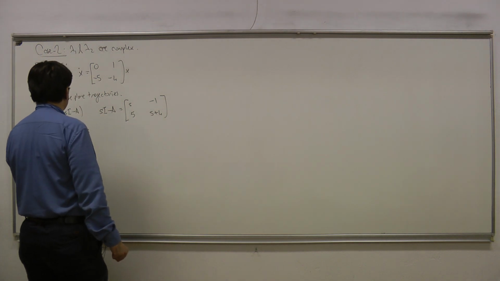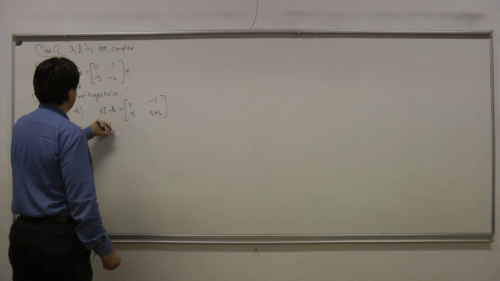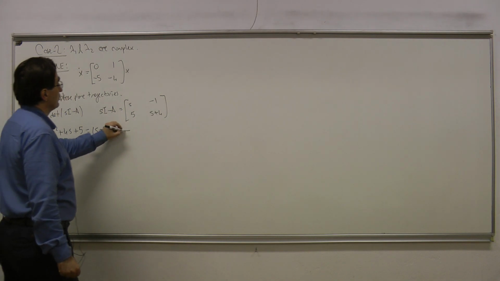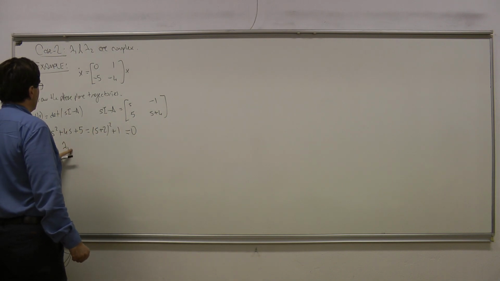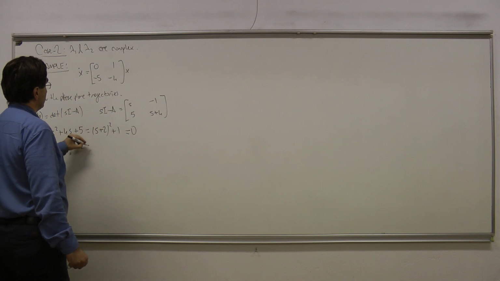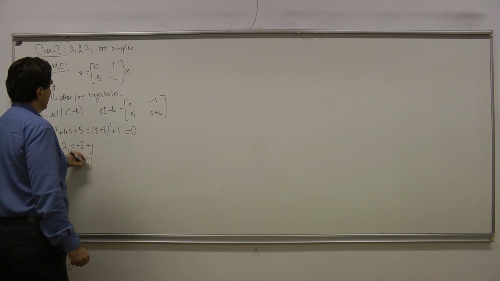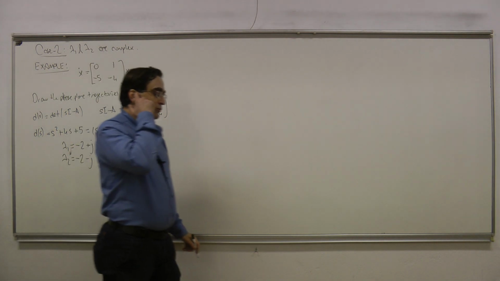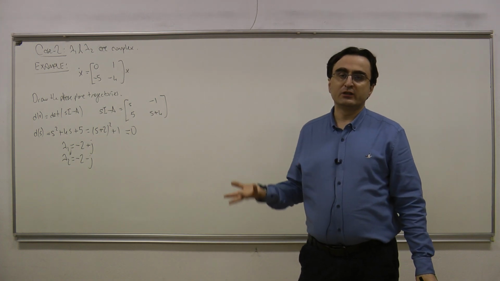I can write this polynomial as (s plus 2) squared plus 1. Equating this to 0, I get the eigenvalues: lambda 1 is minus 2 plus j, and lambda 2 is minus 2 minus j. Remember, we are always considering A matrices with real elements.